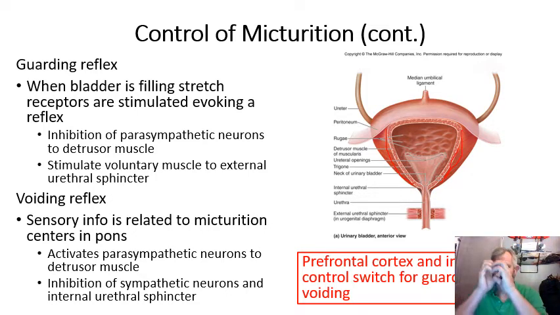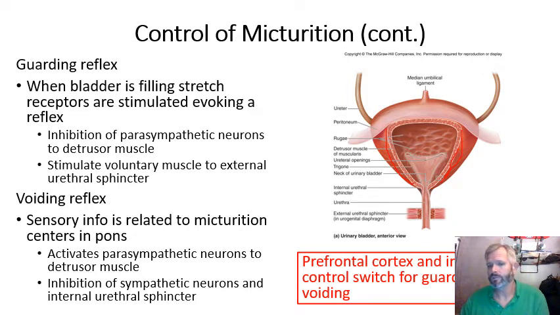So now we've got the urinary bladder contracting, and that's putting pressure on the internal urethral sphincter here, pushing urine through, and this sensory response also causes the inhibition of the external urethral sphincter, through the somatic fibers there.